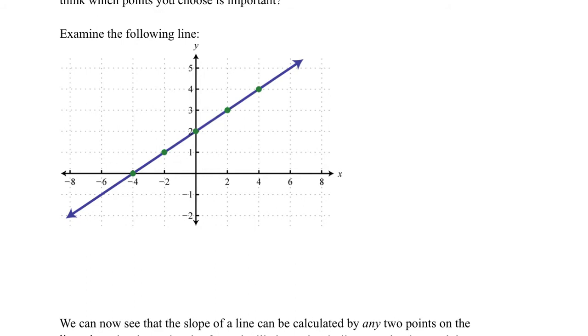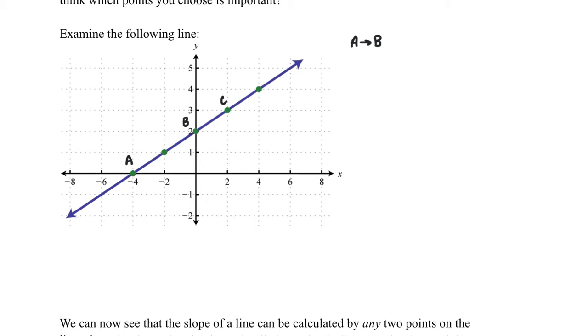So let's label this point as A, this point as B, and this point right here as C. Let's imagine for a minute, what if I chose A to B as my slope?